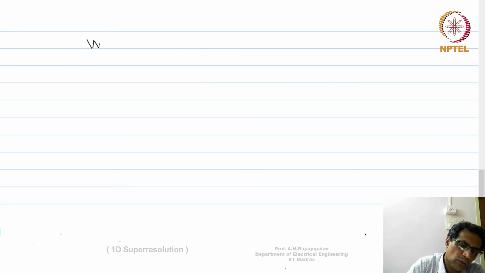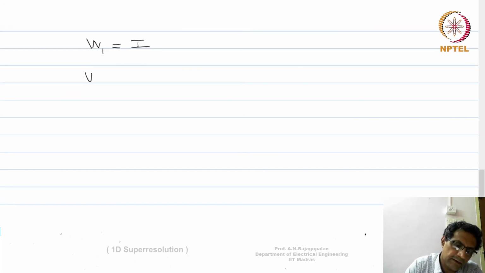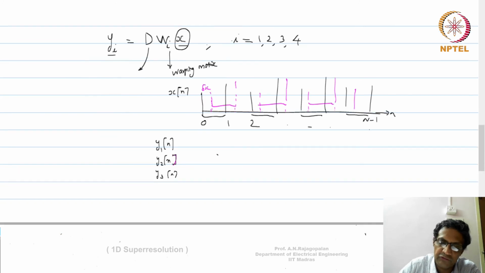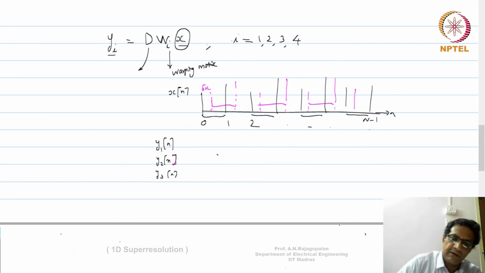Now look at your W. Let's say W1 is simply the identity, because there you haven't moved at all, and it's simply an average of the original x values. What about W2? If delta x2 is the motion, then this is going to have 1 minus delta x2, because we would like to arrive at these values by doing a linear interpolation.